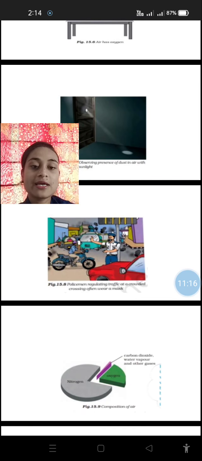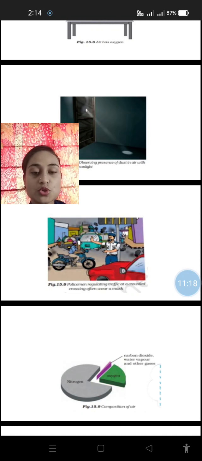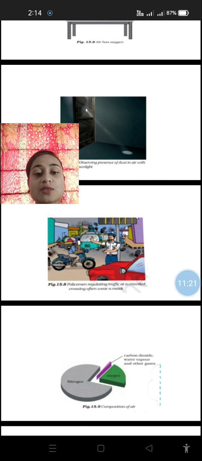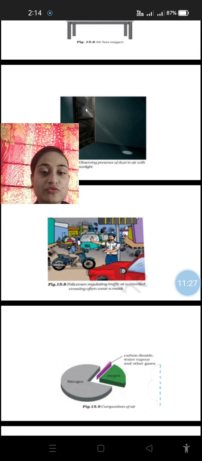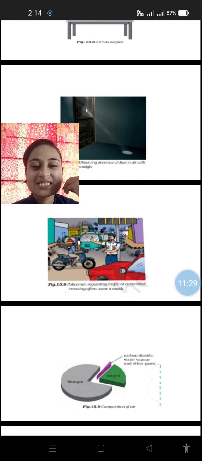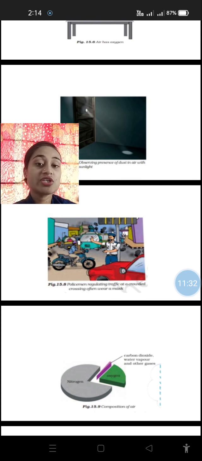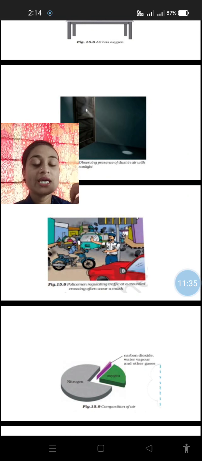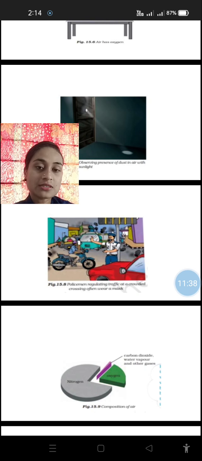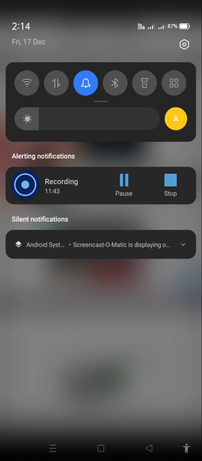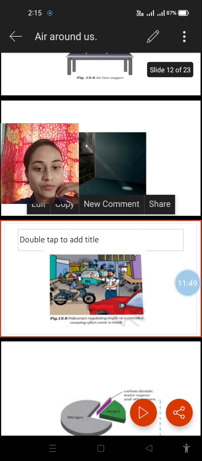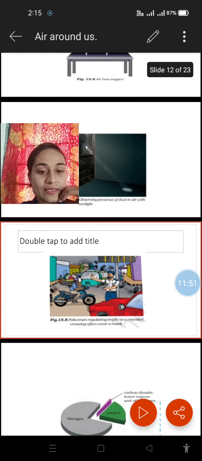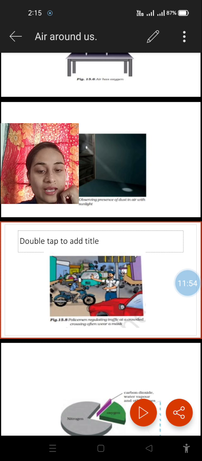In this we can see a traffic officer pushing his hands, and on his face there is a mask. Why is it so? We can see clearly that when we drive vehicles, lots of carbon dioxide, nitrogen and other gases are released from our vehicles. The policeman is wearing a mask on his face, behind the red car.